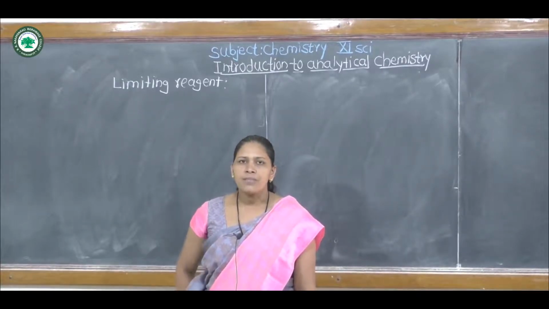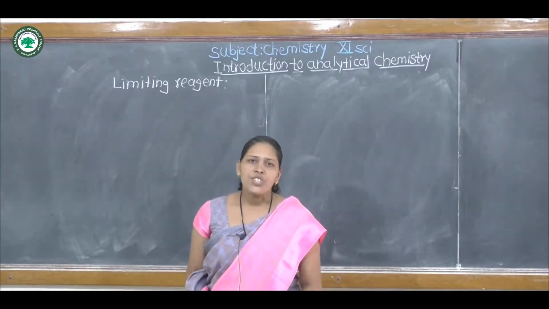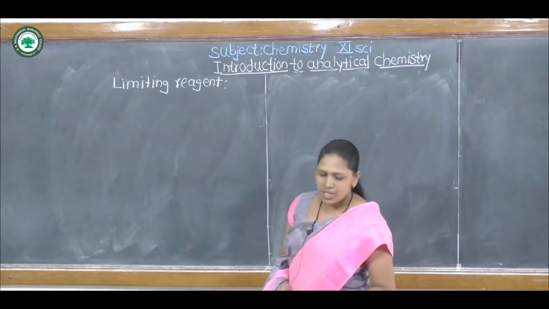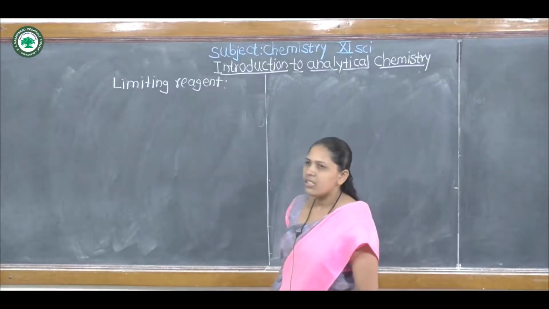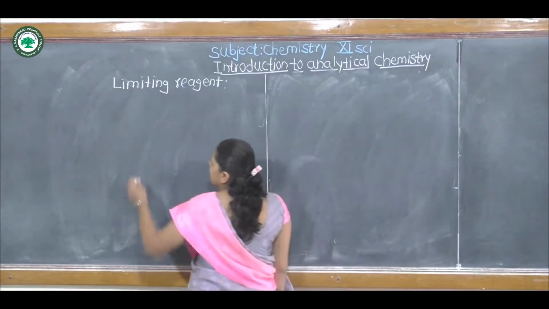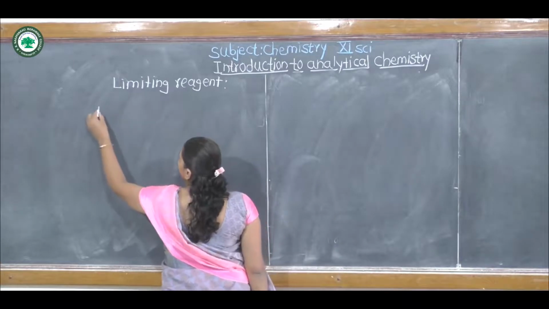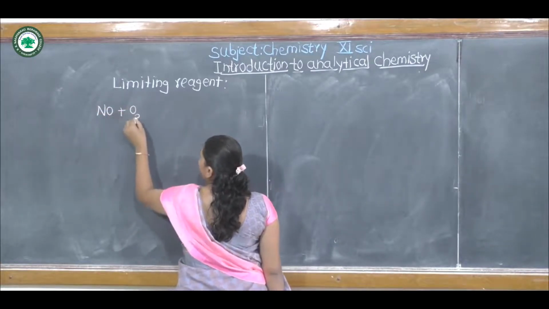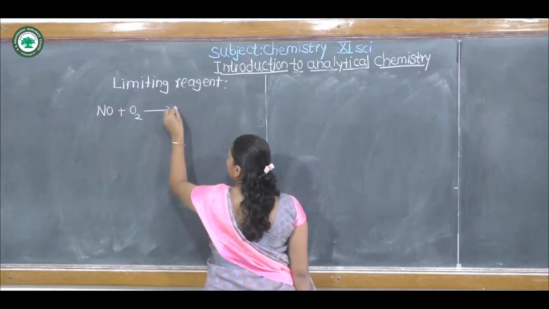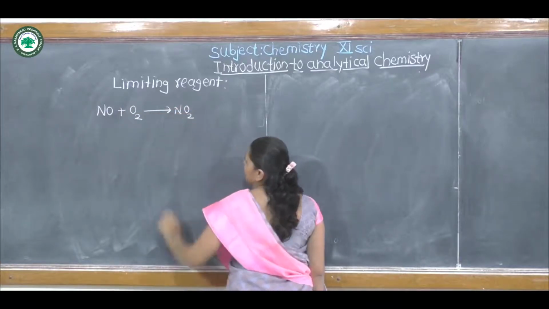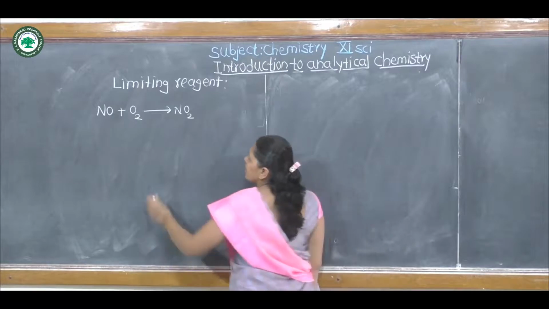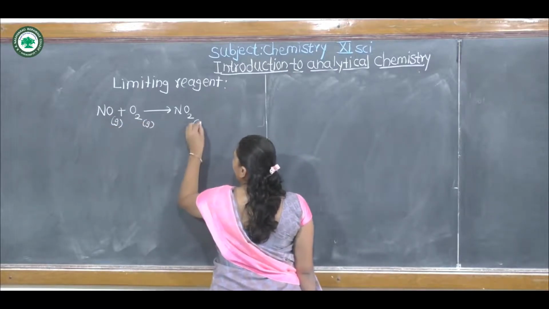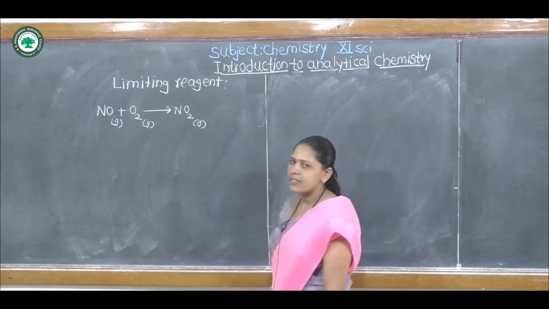For example, formation of nitrogen dioxide by using nitrogen monoxide. Here I write equation: nitrogen monoxide when reacts with oxygen gas to form nitrogen dioxide. Here reactants involved are all in gaseous state.